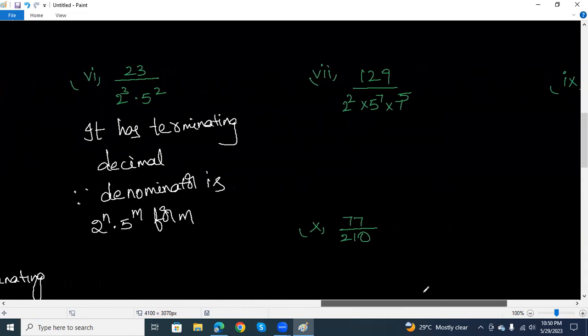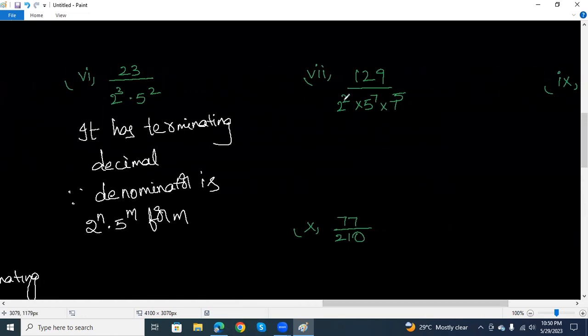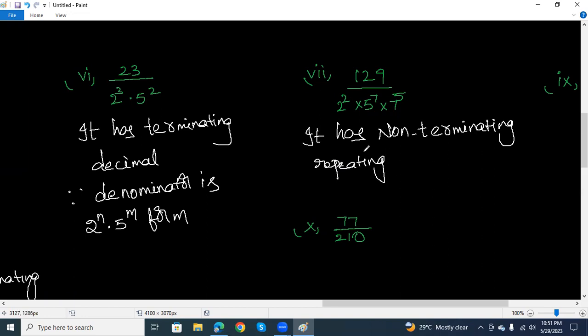Okay. Next. See here, 2 power n 5 power m, along with that 7 is also one of the factors. So in this case it has a non-terminating repeating decimal.